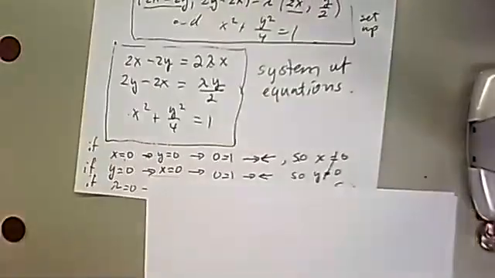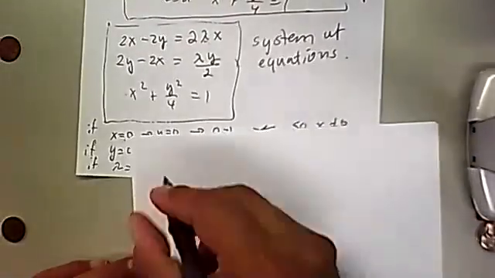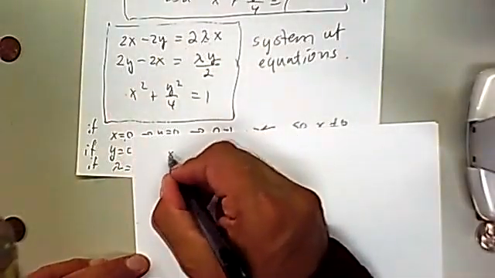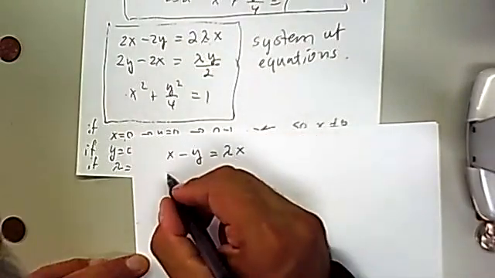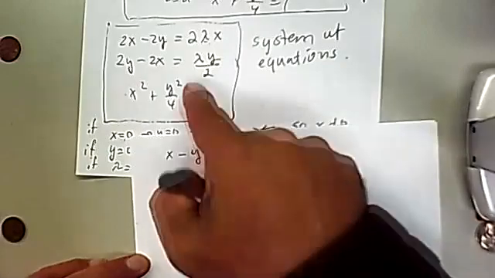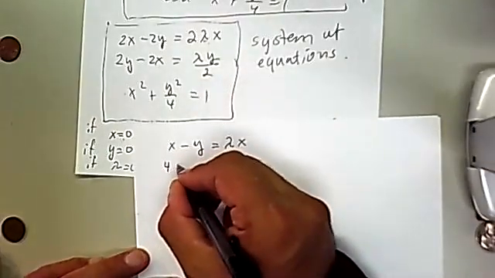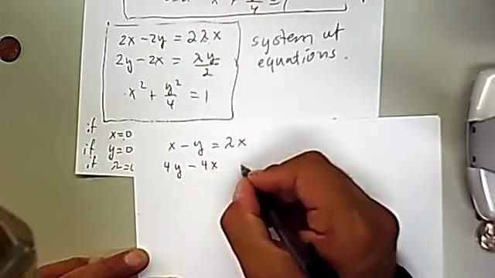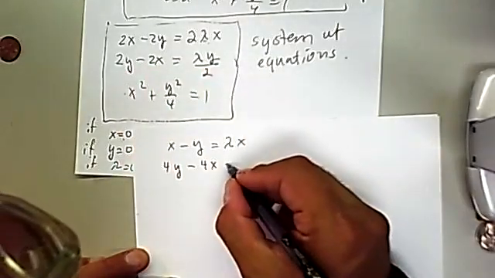Okay, so let me copy the system of equations again on a new sheet. We can simplify the 2 now that I look at that. So x minus y equals lambda x. We can multiply by 4, rather by 2. So 4y minus 4x equals lambda y.